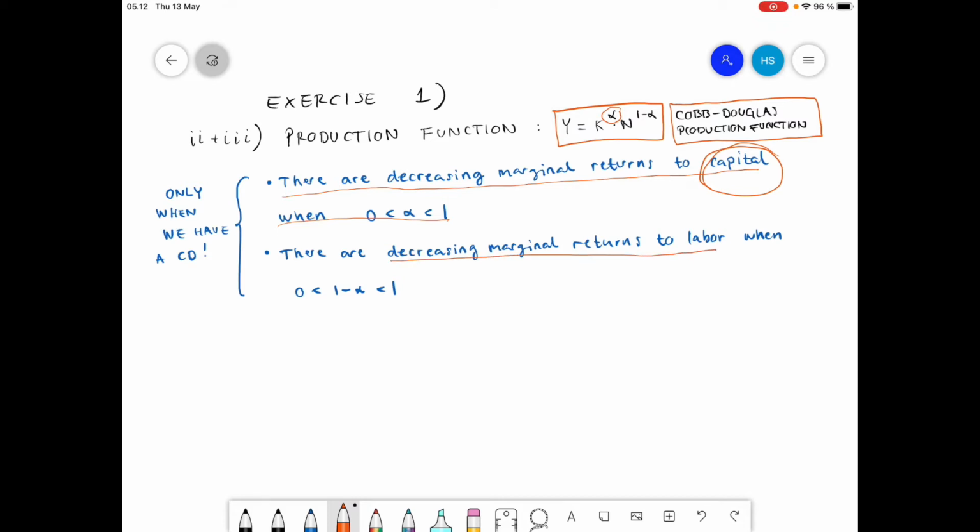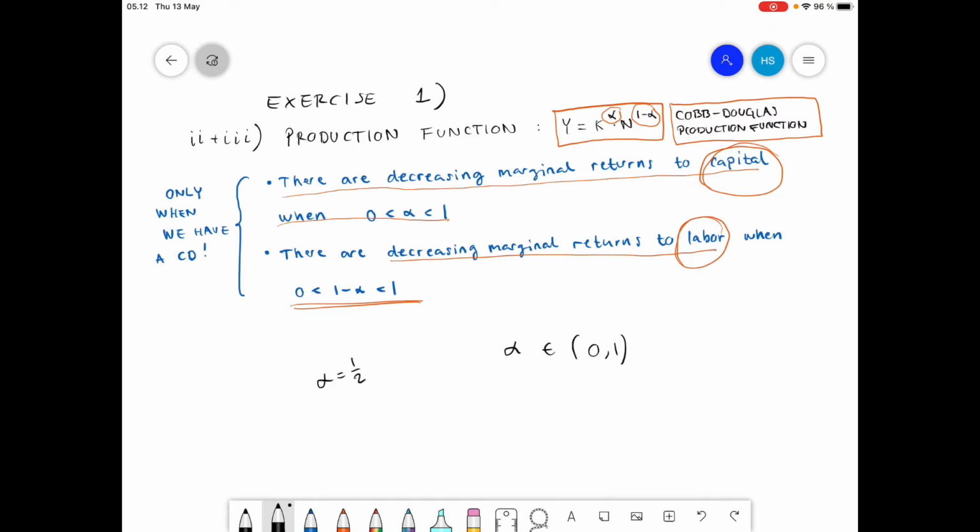If we have decreasing marginal returns to labor, we must have that the exponent that labor is raised to, that is 1 minus alpha, is between 0 and 1. And this is the case in this exercise, since it is given that alpha is between 0 and 1.